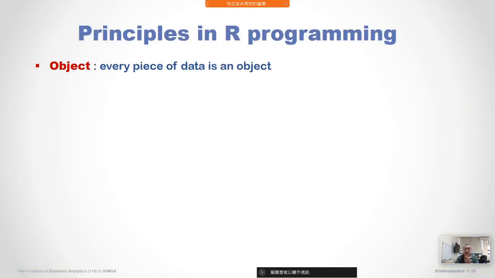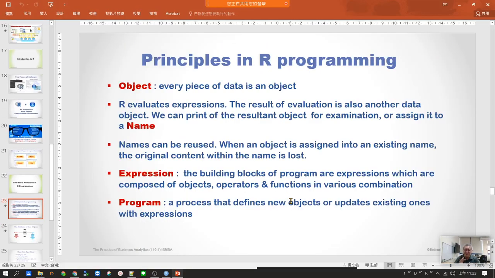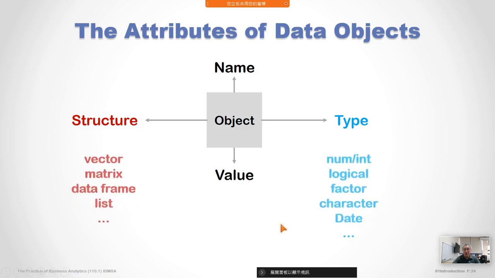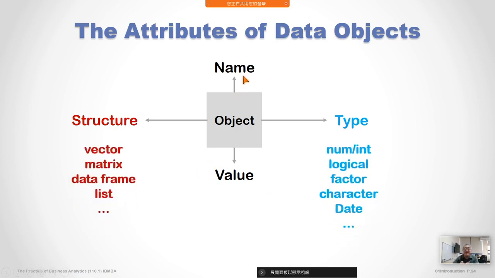Now, the first principle in R is very, very simple. It's called object. Every piece of data is an object, okay? It looks very simple, but it's not easy at all. We all know that every object has a name, and every object has a value.